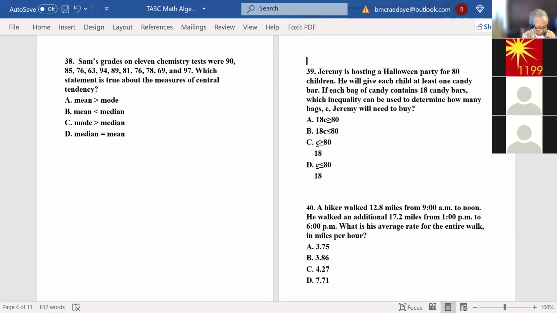One moment, Ms. Barry. Okay. So we divide this by 11. 81 divided by 2 is 9.